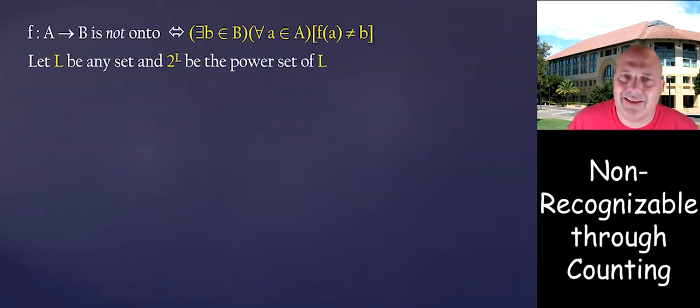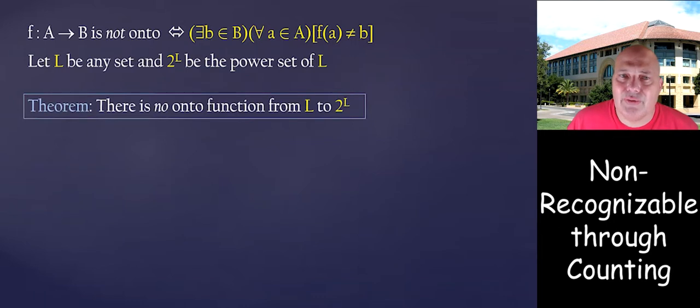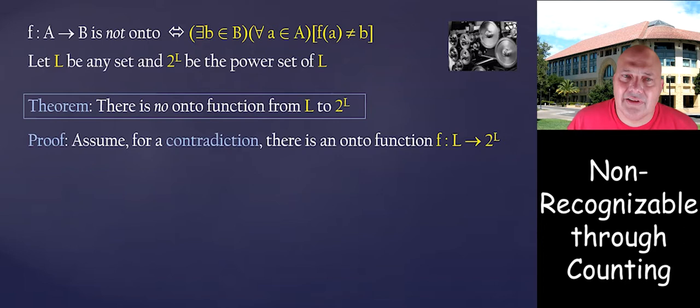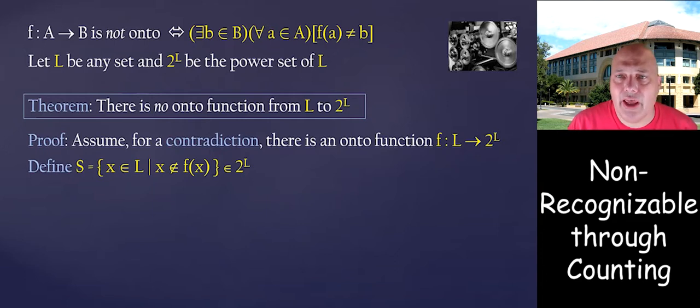The power set is the set of all subsets of L. There is a theorem that there is no onto function from L to 2 to the L. 2 to the L is larger than L. And the proof, we can prove it in more than one way, but for example, by contradiction, if we assume that there is a function f that is onto from L to 2 to the L, let's define the set S, which is all the x's in L, such that x is not in f of x.